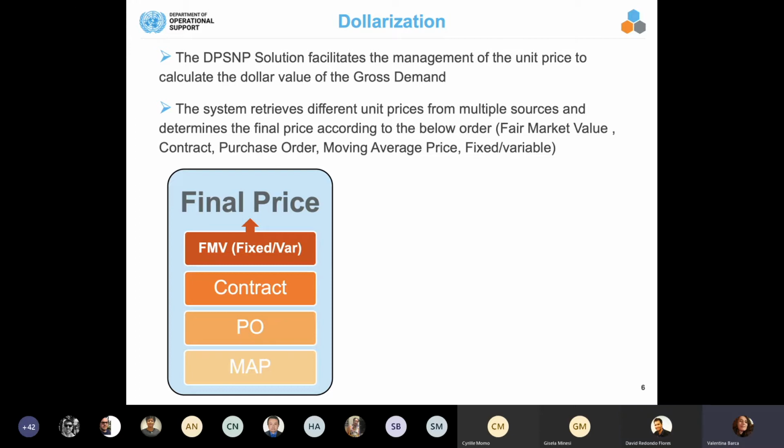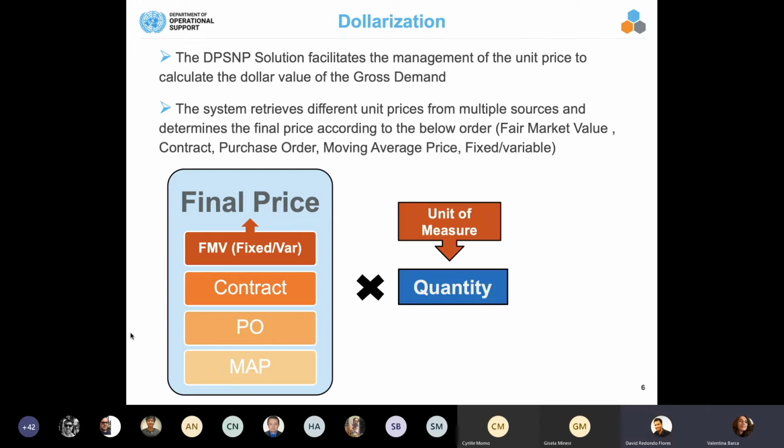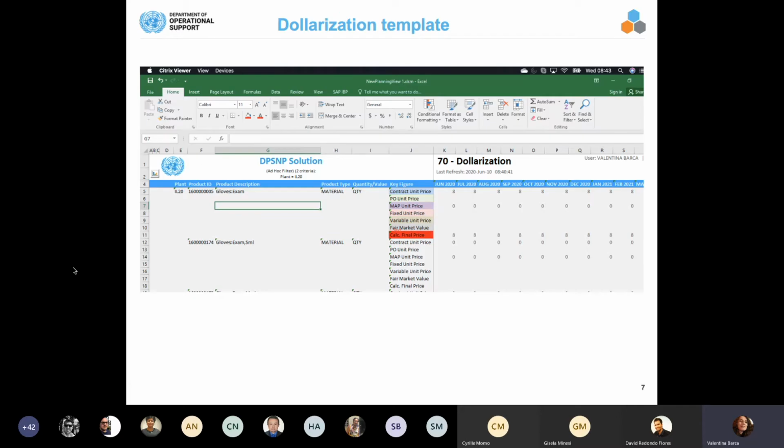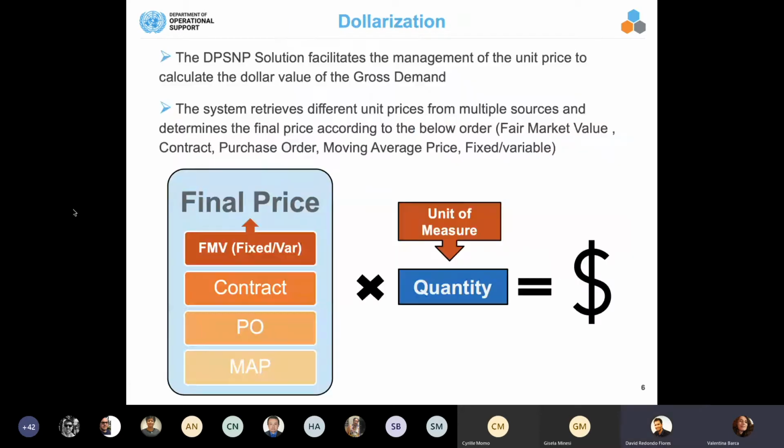This fixed and variable actually refers to the fair market value. I apologize for the typo. So the solution will pick up the unit price from one of those, and obviously we will multiply it by the gross demand in terms of quantity, and it will dollarize the demand.